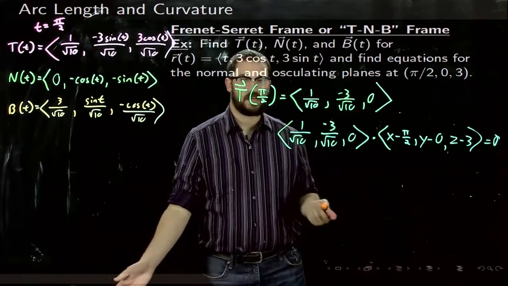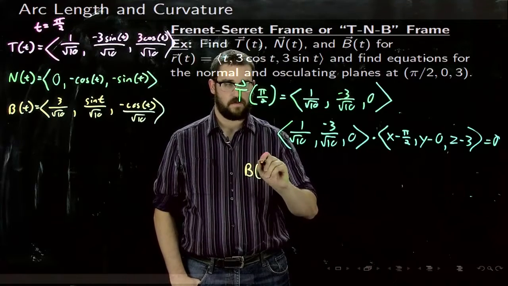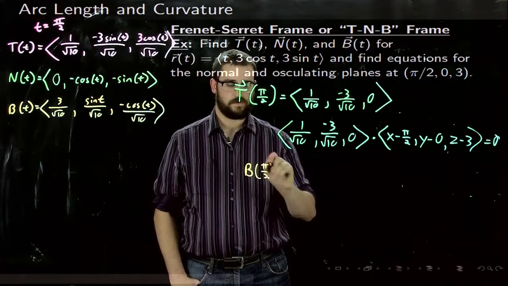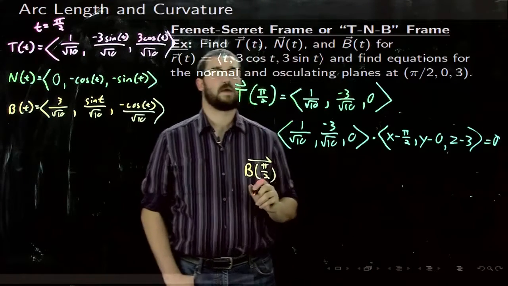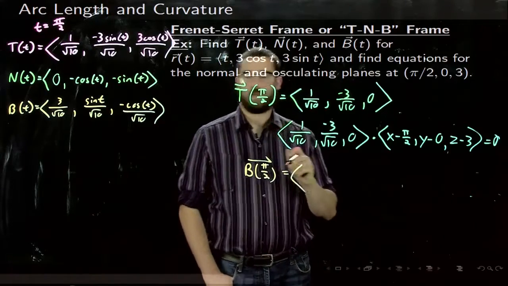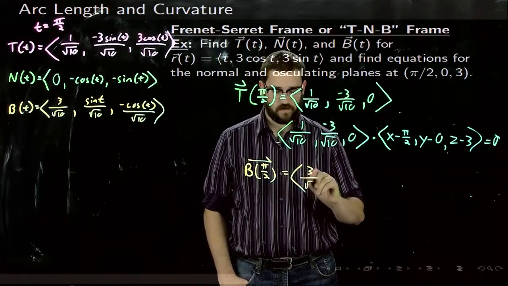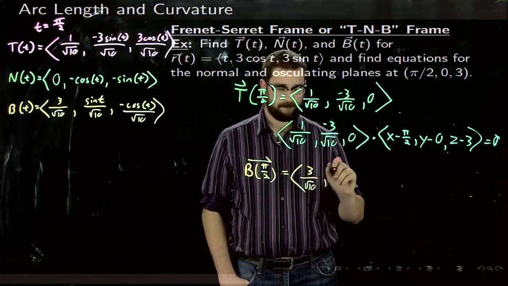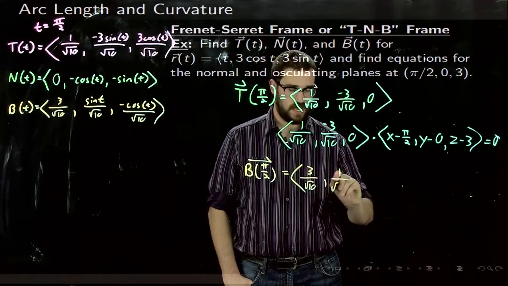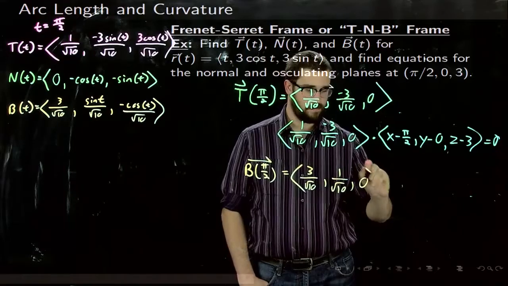For the osculating plane, we need the B of pi over 2. And we just get here that when we plug pi over 2 in for B, 3 over root 10, 1 over root 10, and 0.